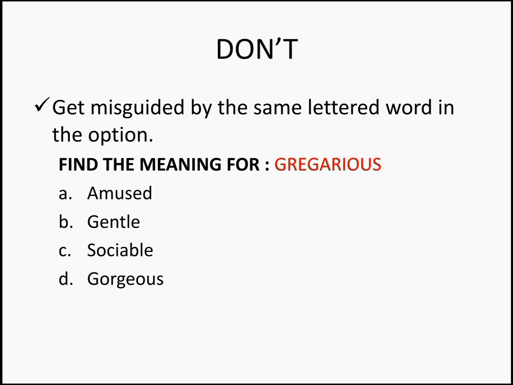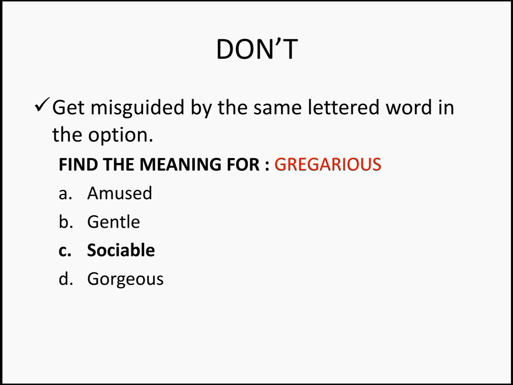Mostly if you do not know the meaning, you will end up answering option D, as that sounds the same. Gregarious starts with G, gorgeous starts with G, and moreover you have the phonetic of R in both cases. But that is not the answer for this question. The exact meaning of gregarious is sociable. Hopefully you have learnt a word today.